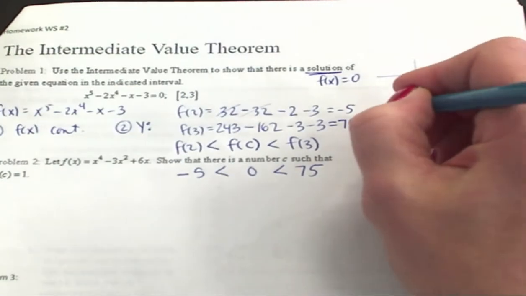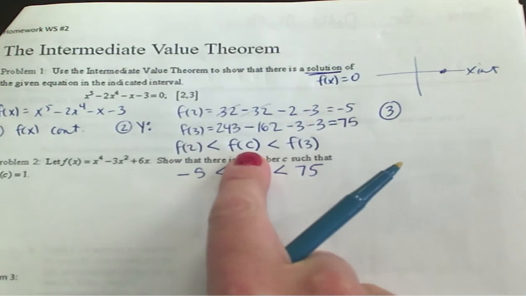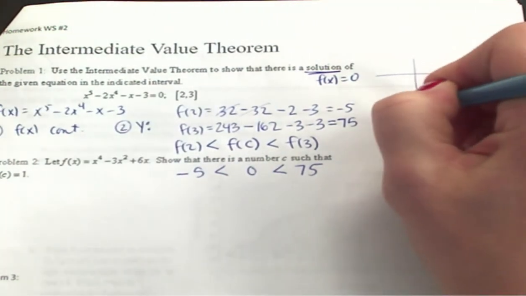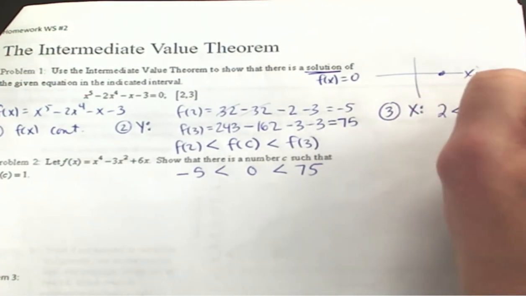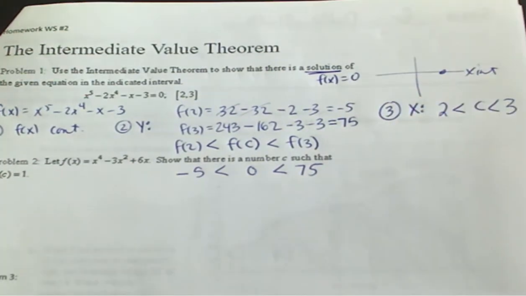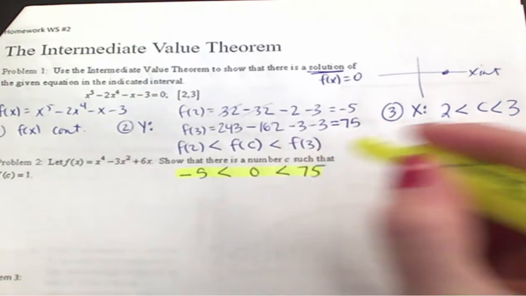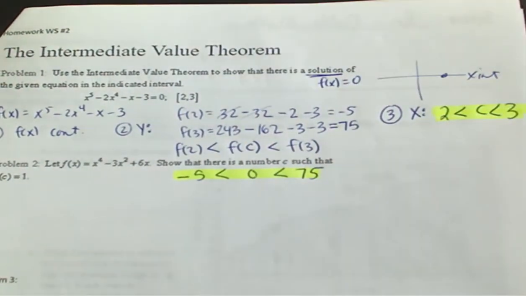The third thing you have to do, make sure that the c value is actually between the endpoints. 2 is less than c. And conclusion. In order to say yes, there is a solution, this inequality actually has to work, and so does this one.